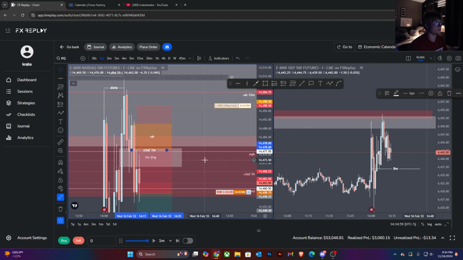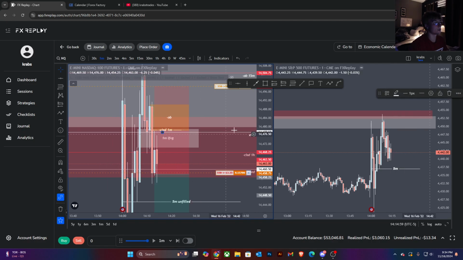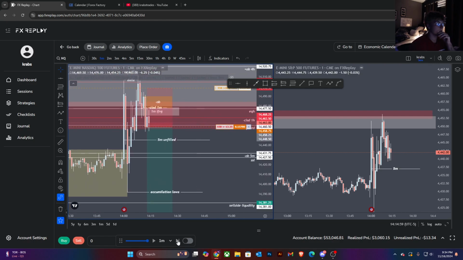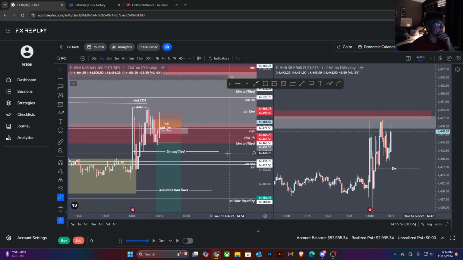So a nice perfect tap. Actually not exactly perfect, but almost perfect tap of that CISD. Still looks good. And wicked out. Alright. Did look good though.